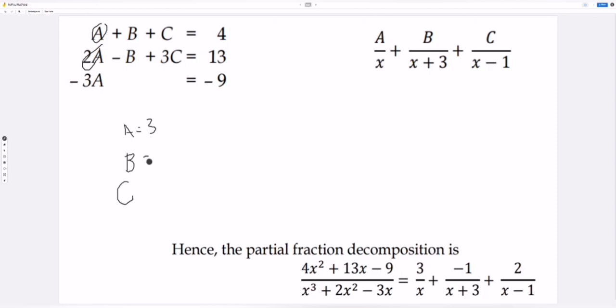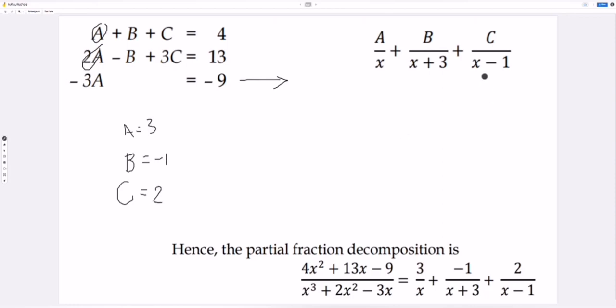After numerous solutions, if you arrive at the correct answer, our a is equal to positive 3, our b is equal to negative 1, and our c is equal to positive 2.